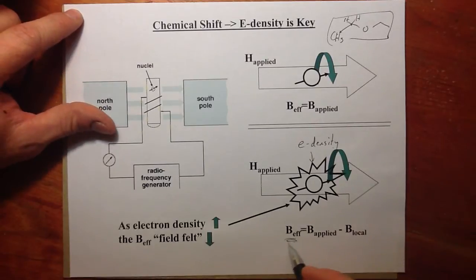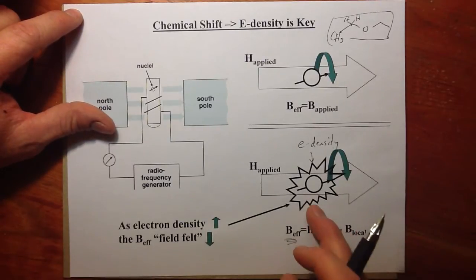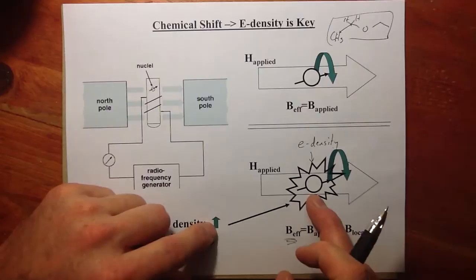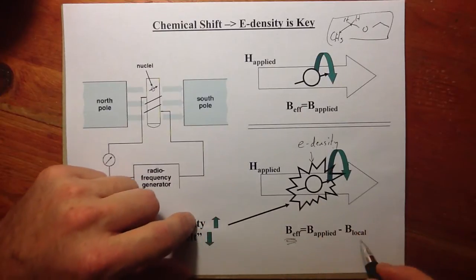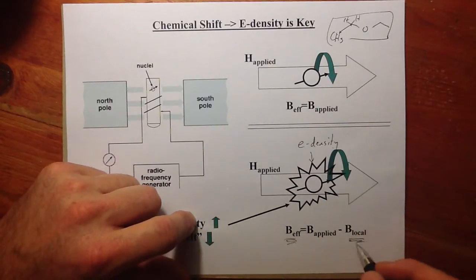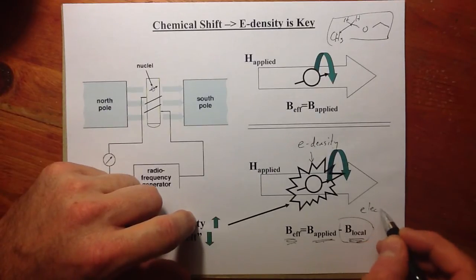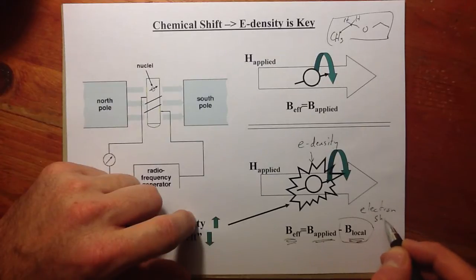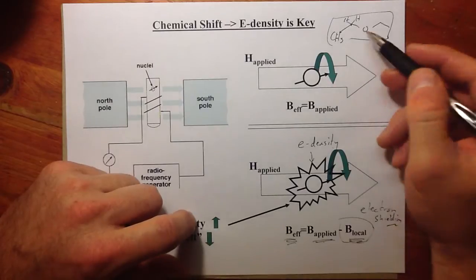So the field that we actually feel, or this nuclei actually feels, is changed by the electron density. This is what the NMR applies, but we subtract, because of electron shielding, some amount particular to the proton in the structure where it is.